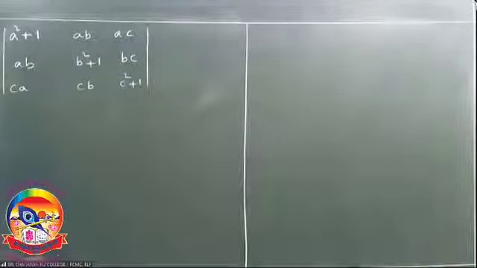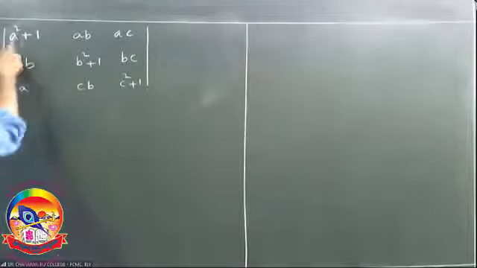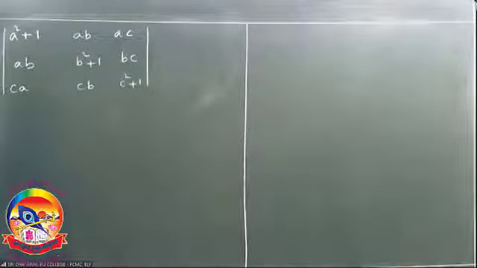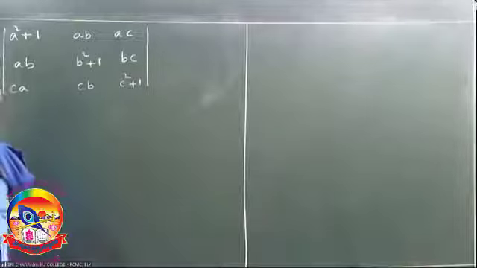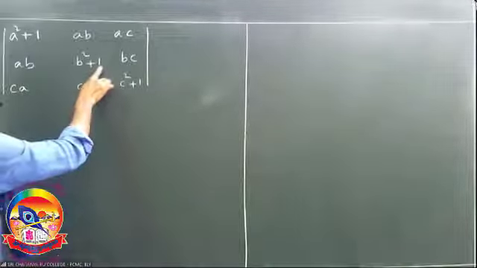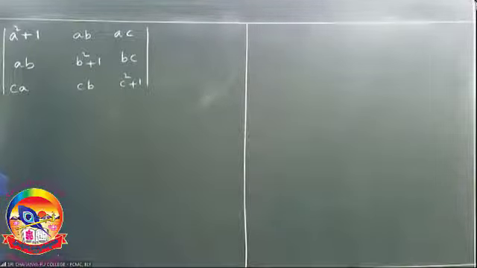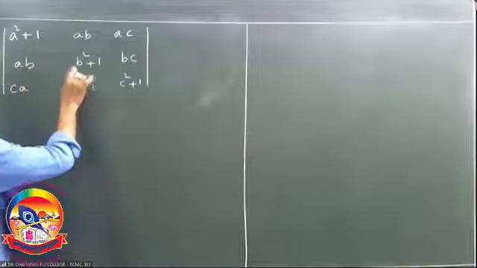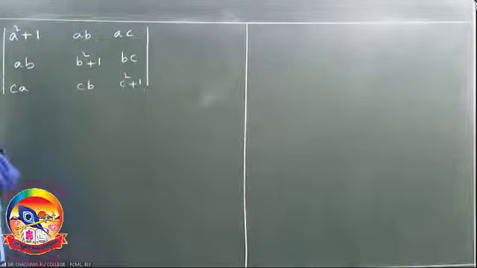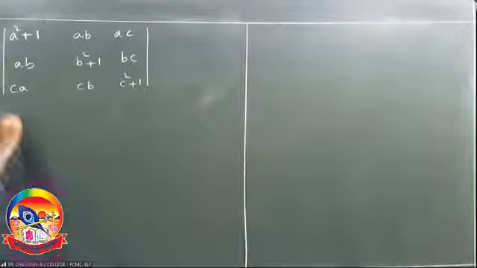But as here it is 1, you can't take A square or A outside. Similarly, if you go to the second row, here it is b square plus 1. If there is no 1 here, you can take b outside. Why? Because here it is b, here it is b, and here it is b, right? And similarly, c square plus 1 also. So what to do?